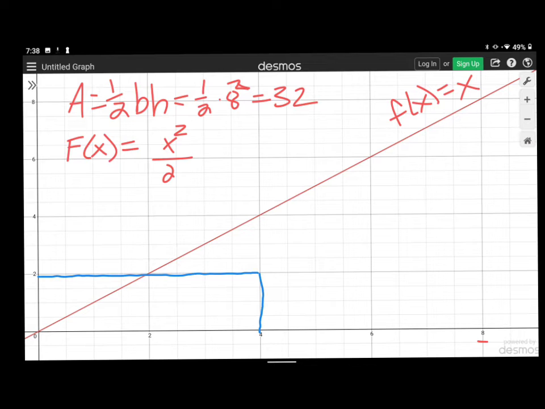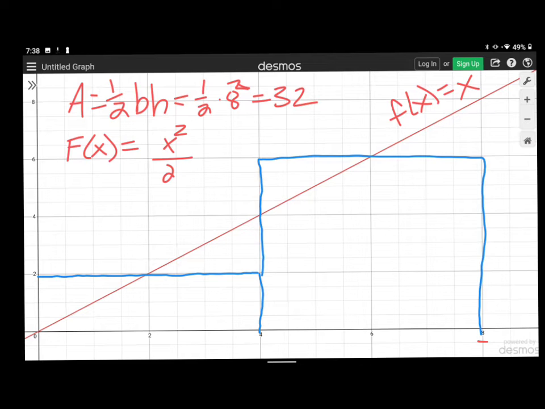That's my first subinterval. And then my next subinterval I'm going to draw like this. It's not super accurate, but it's an estimate of what the area would be, and it's something that I can handle.